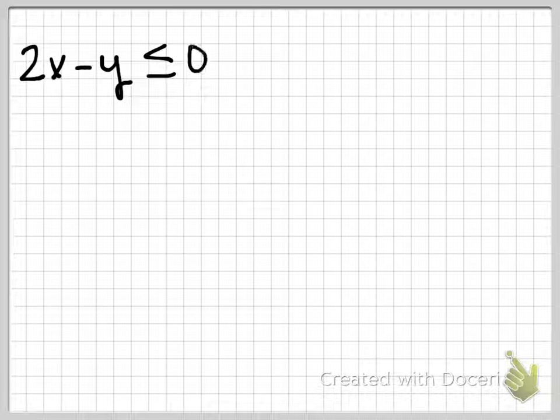So sometimes you're going to have lines in the wrong format. And when I say the wrong format, I mean they're not in slope-intercept form. For instance, number 21 looks like this. 2x minus y is less than or equal to 0. You can't graph that. I mean, you can, it's just hard.